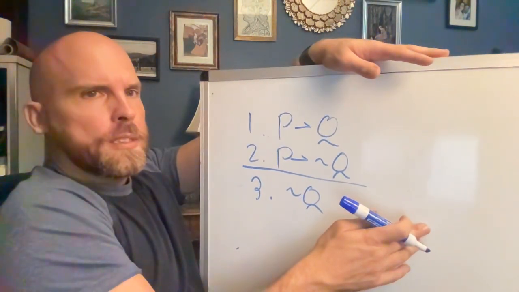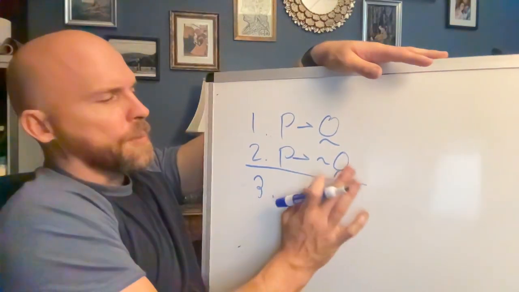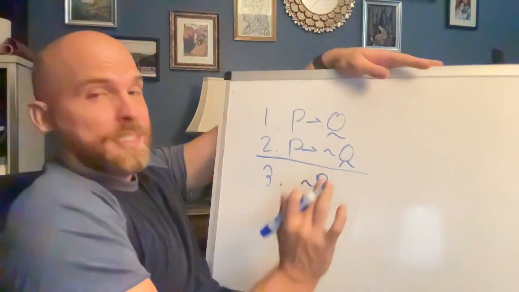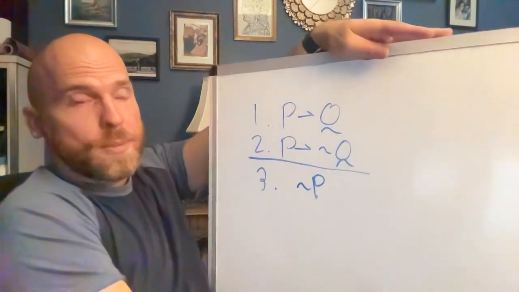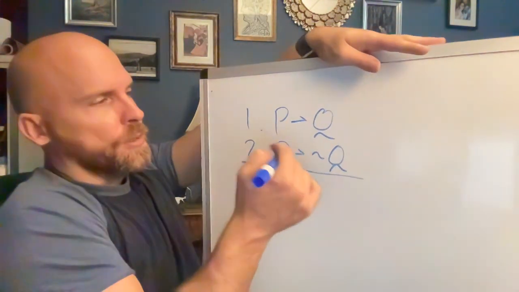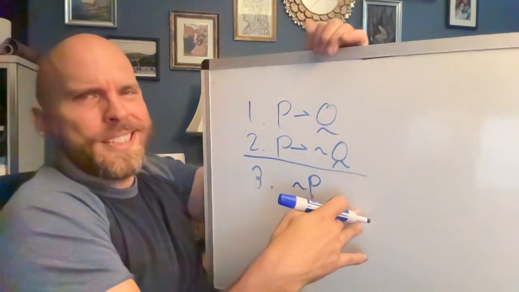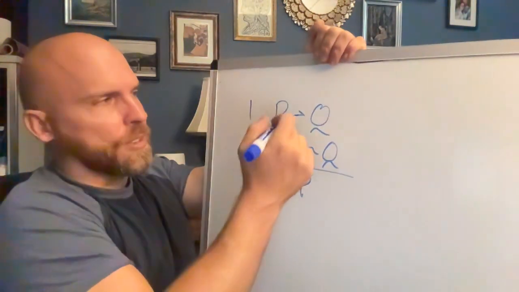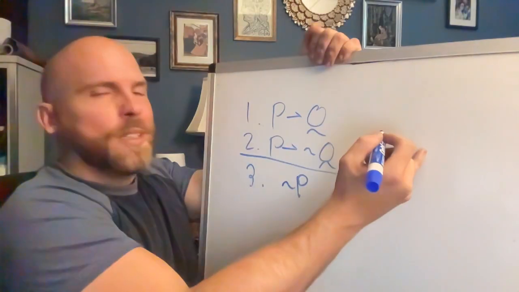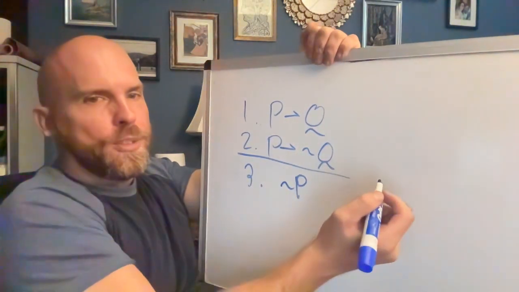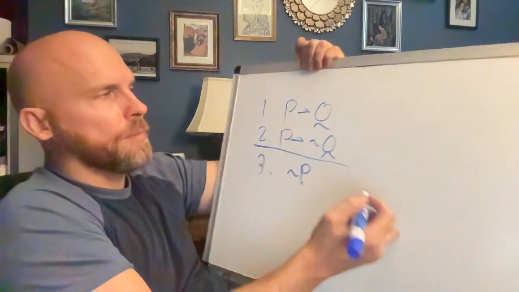Seems like not P. This is essentially the contradiction angle I was pointing to. If P is true, then Q is true. If P is true, then not Q is true. So not P. It can't be the case that P, because P entails a contradiction. If I assumed P, then I got not Q and I got Q. That's a problem. Let's see how this works.